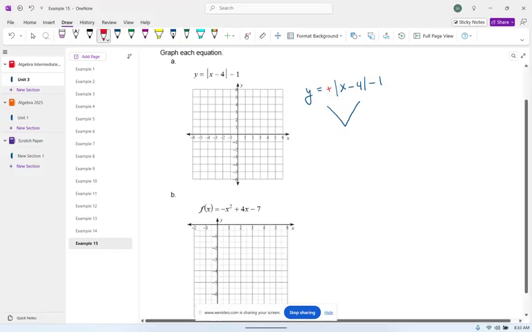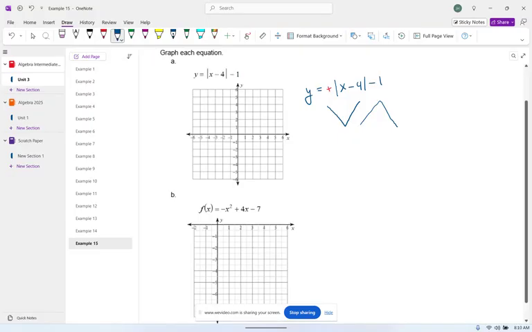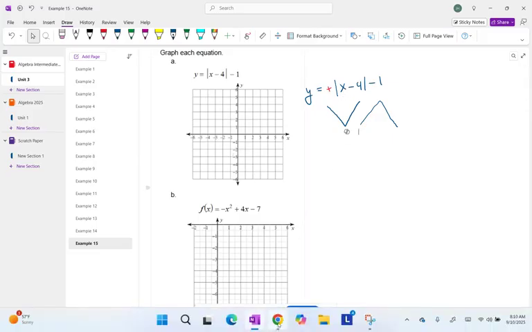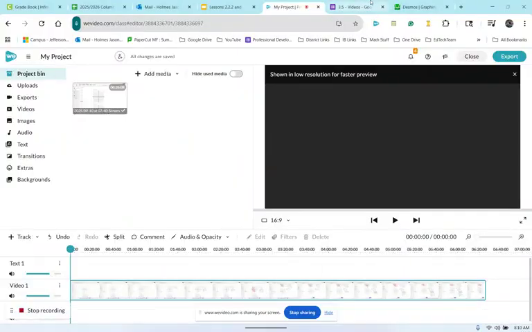A positive absolute value is going to look sort of like that, while a negative absolute value is going to look like that. But I want to see what it looks like on Desmos so I can be sure of what to do. So I've got the absolute value of x minus 4 minus 1, and I'll come back to that a little bit.